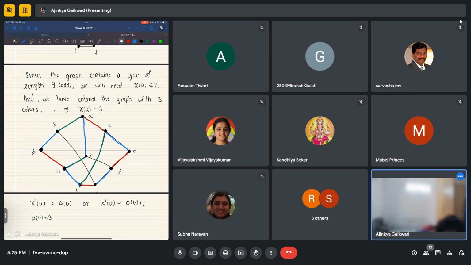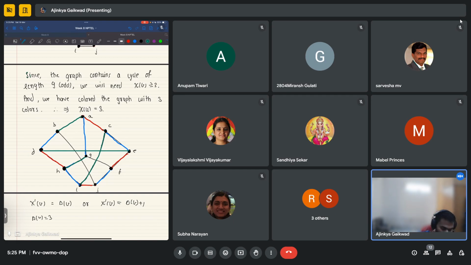But the problem right now is with the edge BJ, because even DE can be colored with green. But with BJ, I cannot color it red, blue, or green because HB and BA are colored blue and green, so it should be red. But I cannot even color it red because IJ is red.